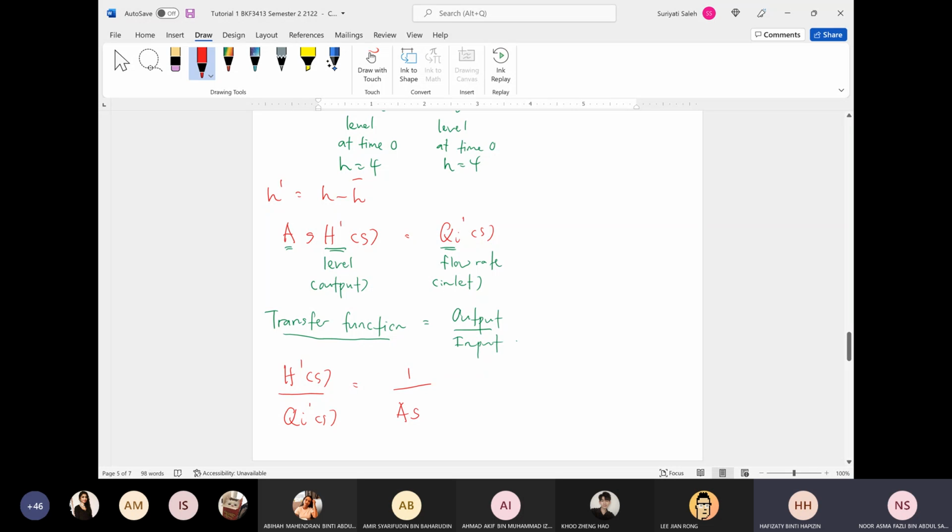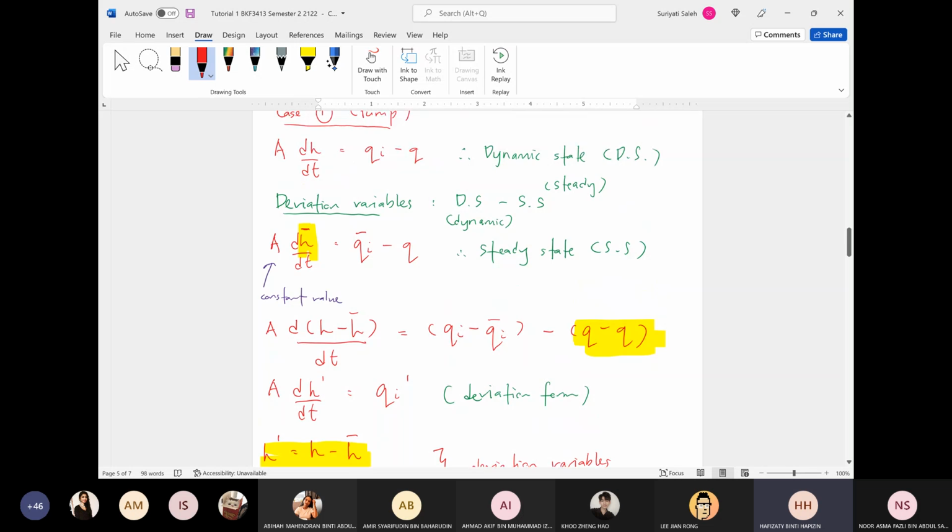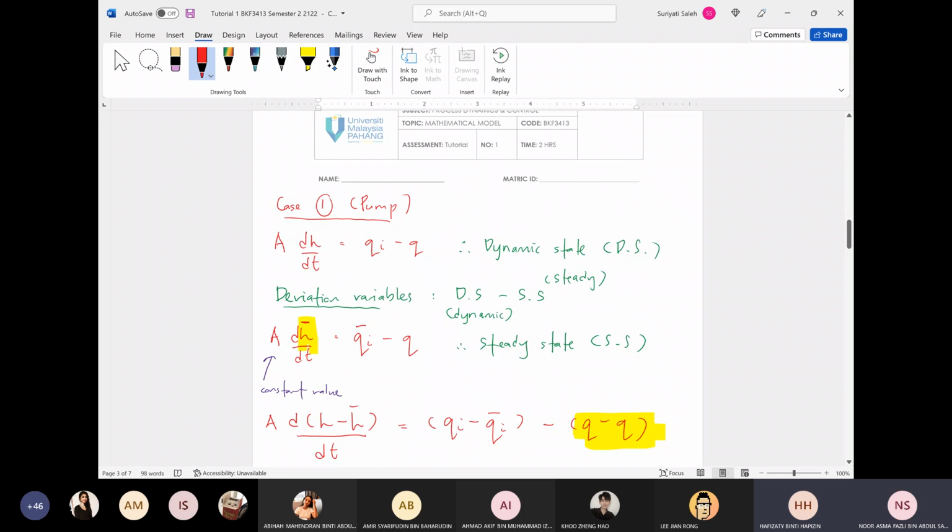Normally, if we take a look, your equation is like this. Case 1, pump A dH dt equals Qi minus Q. This represents the overall mass balance. The mass can be related with the volume, and the volume can be related with the level.